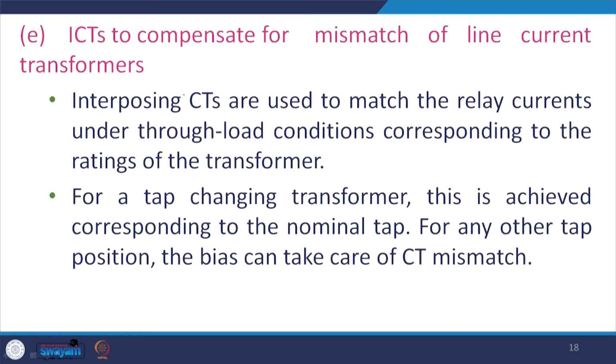This type of CT is always connected on the secondary side of the original or actual current transformer. So, on the secondary of the CT you connect one more transformer, known as the ICT, and that is going to compensate the magnitude as well as the phase, so that the current fed to each phase of the differential relay is equal in magnitude as well as in phase.